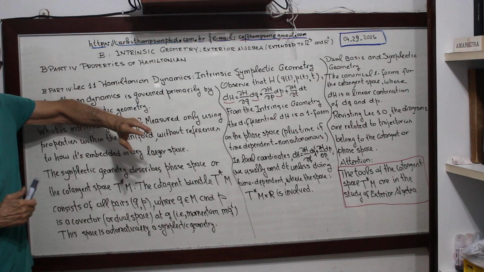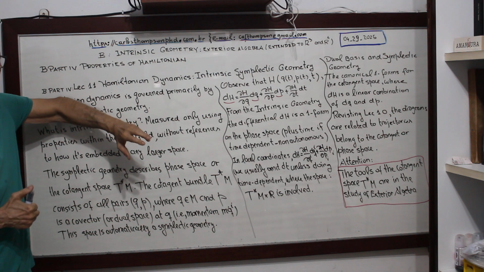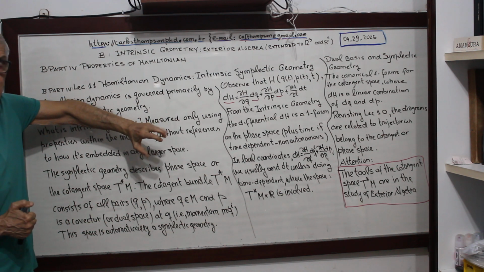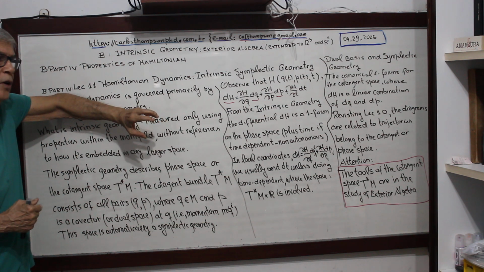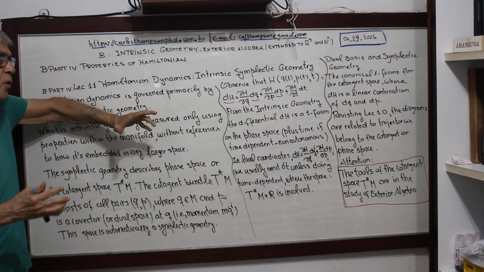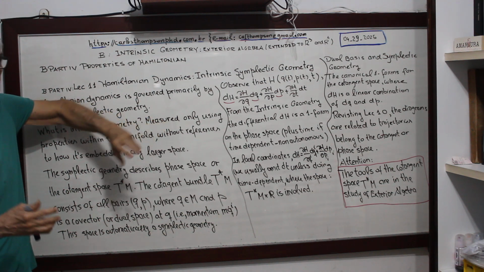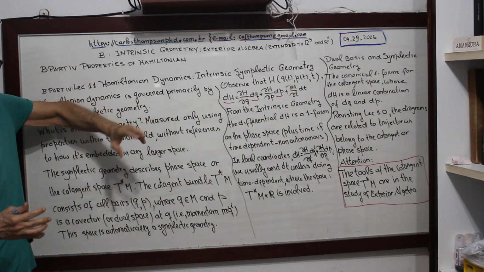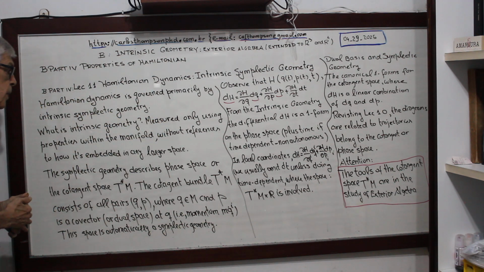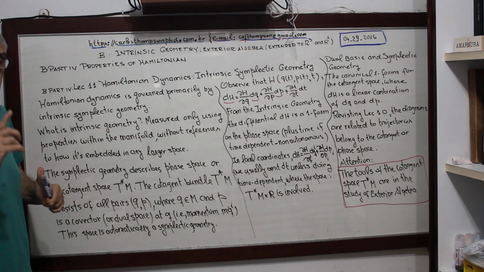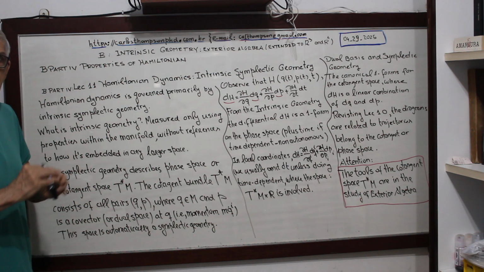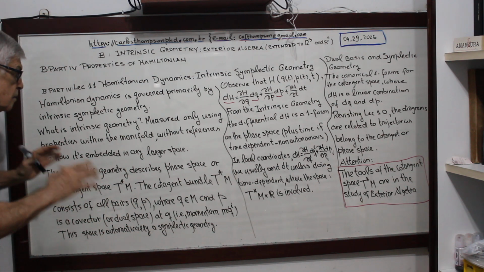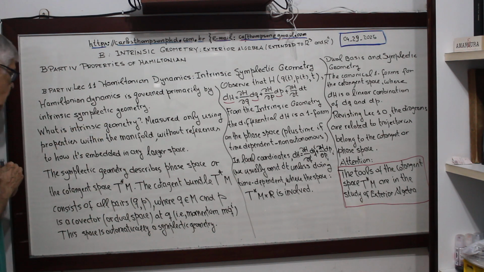That is different from exterior geometry, which is what you see in general in advanced calculus, in physics and engineering. So intrinsic geometry is a special geometry which can be applied to all the advanced calculus. That's an important observation.